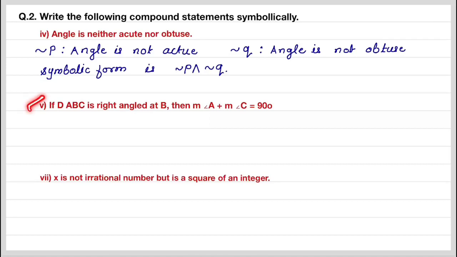Move to next example. Example number 5. If triangle ABC is right angle at B, then measure of angle A plus measure of angle C is equal to 90 degree.